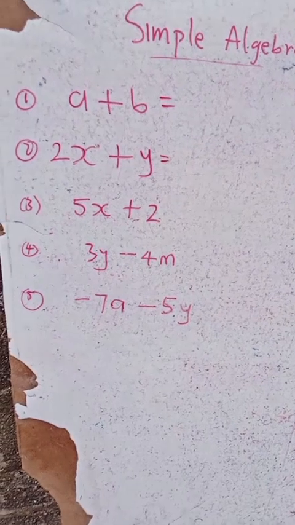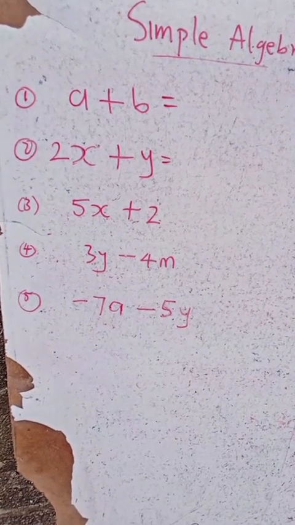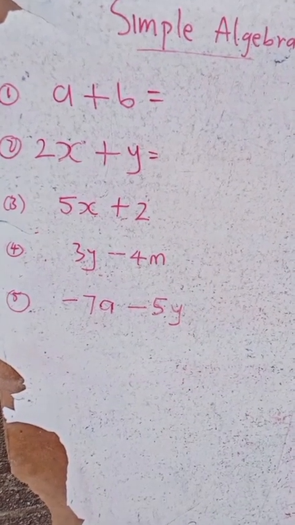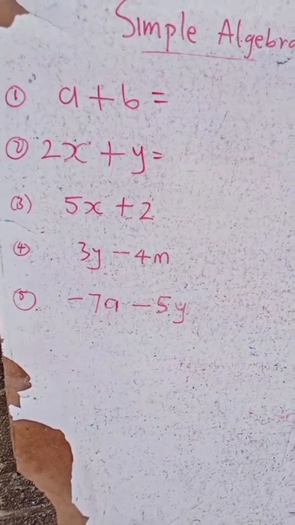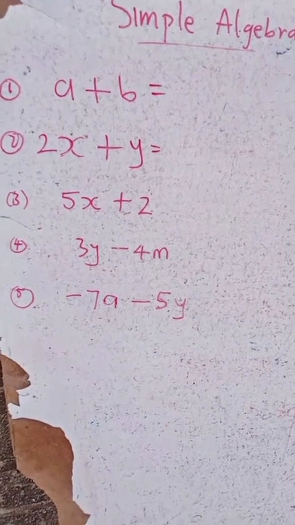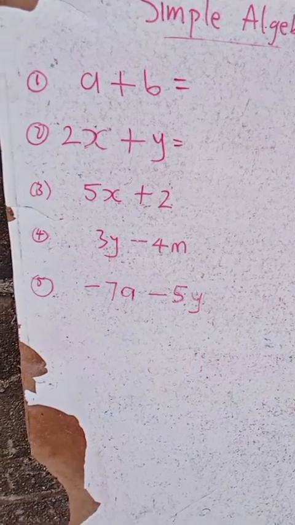Now, listen to me. The rule says that you cannot add, subtract, or divide alphabets that are not the same.